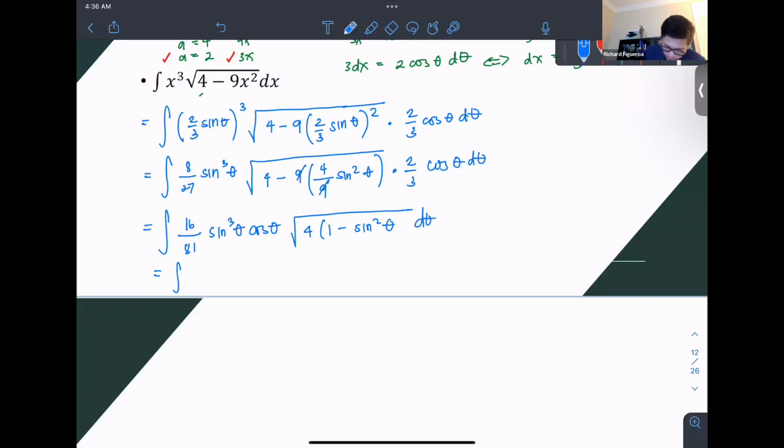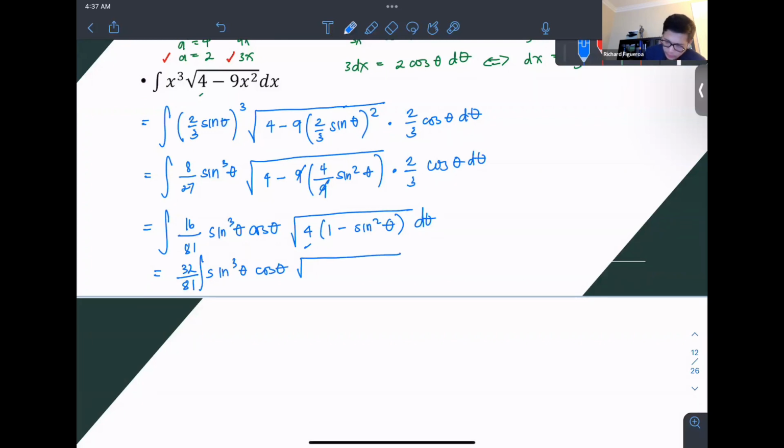And afterwards, I'll have the square root of 4. Square root of 4 is 2. So multiply it with 16. That will become 16 times 2, which is 32, all over 81. Then sine cube theta, cosine theta.